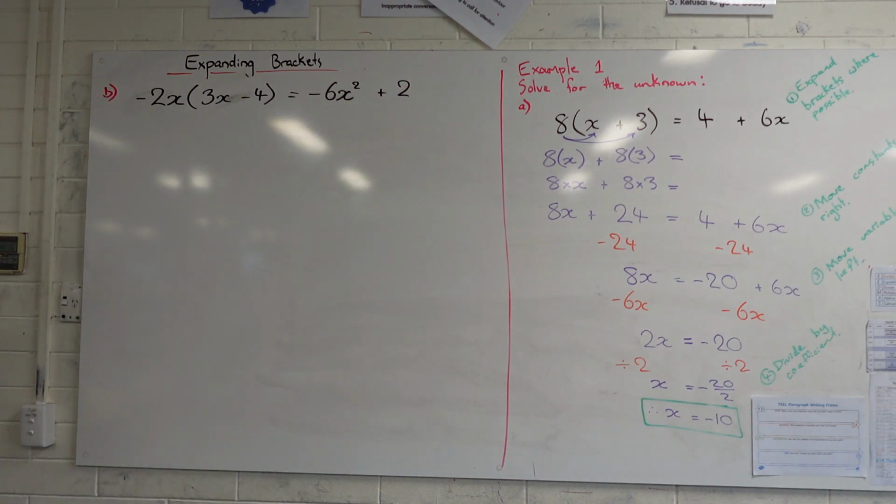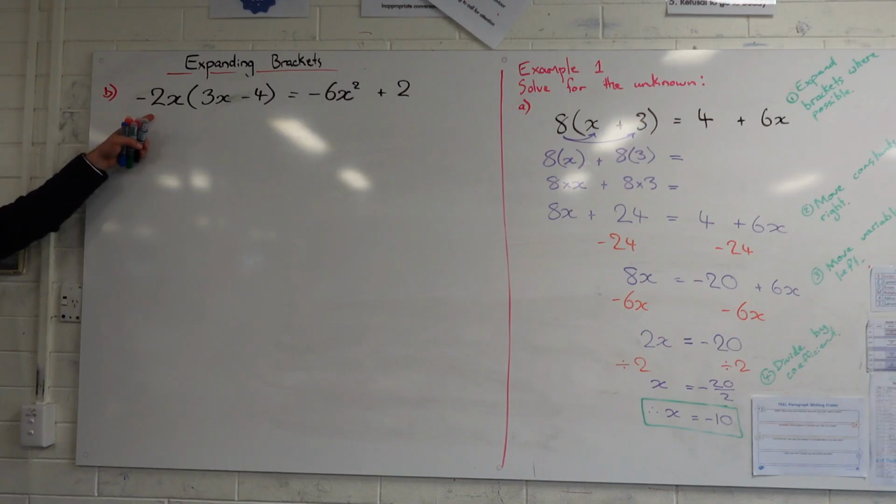Okay, what we want to do is solve this equation. Now, this equation has brackets once again. Do we remember how we expand brackets out? We multiply every term inside the bracket with the coefficient on the bracket. Coefficients are the numbers and letters on the outside of the bracket.